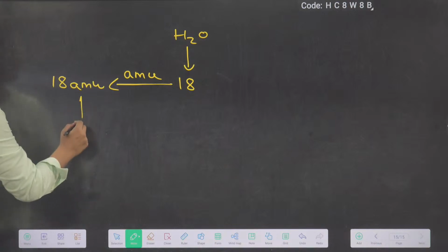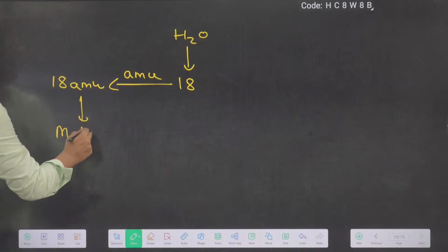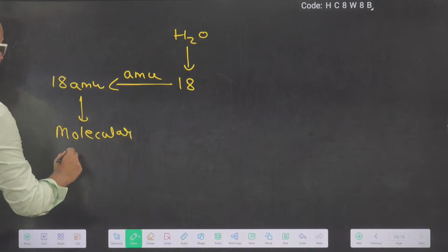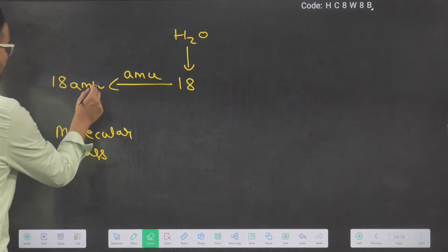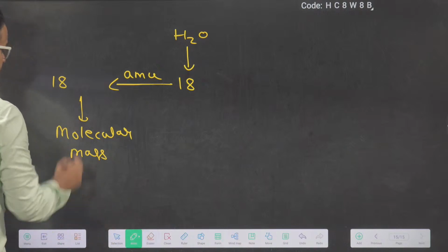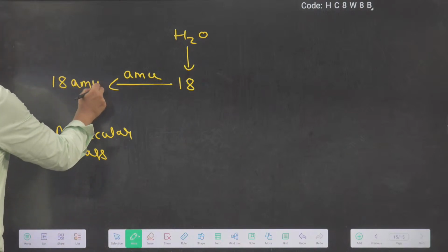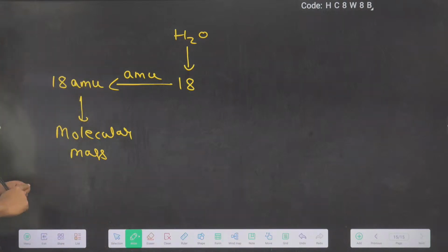What is this? This is molecular mass. Molecular mass is the mass of one molecule. 18 AMU is the mass of one water molecule.